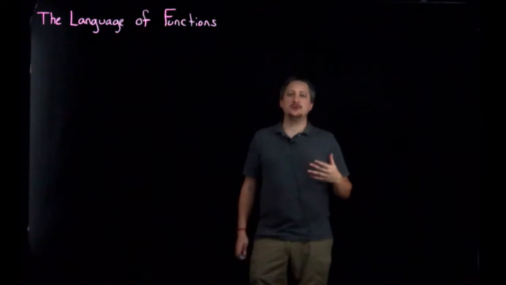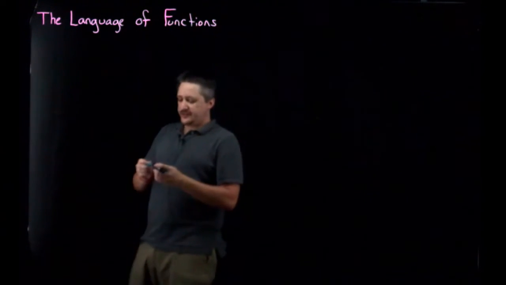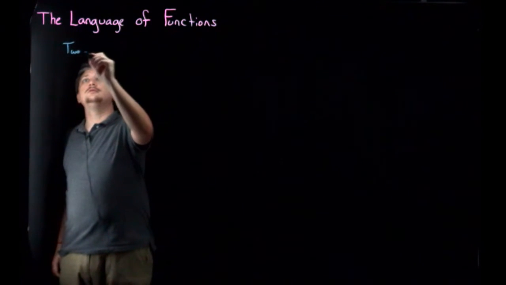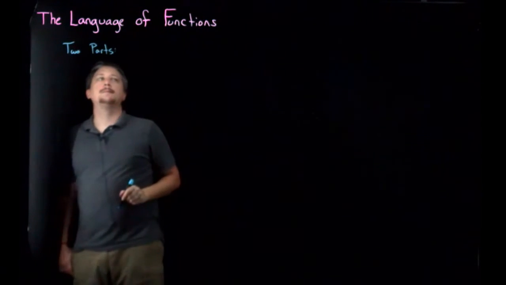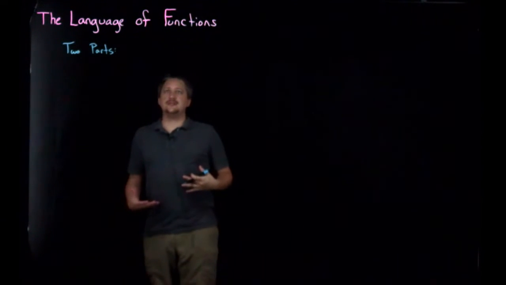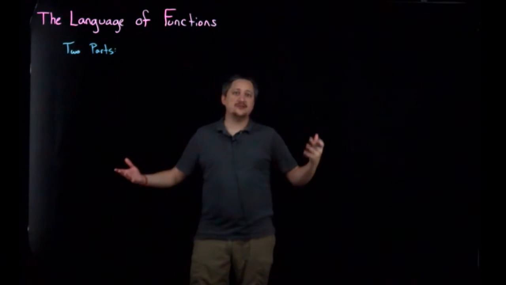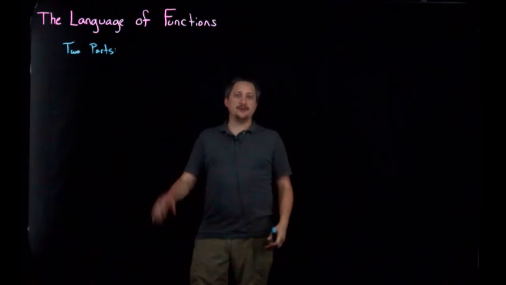So you are likely familiar with one of the two pieces. Functions have two parts to their definition. Now you're likely used to seeing something like y equals x squared, and that is one of the parts.